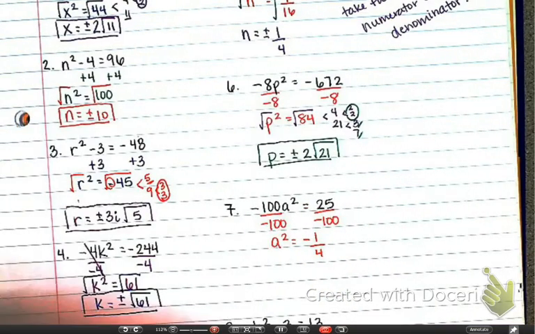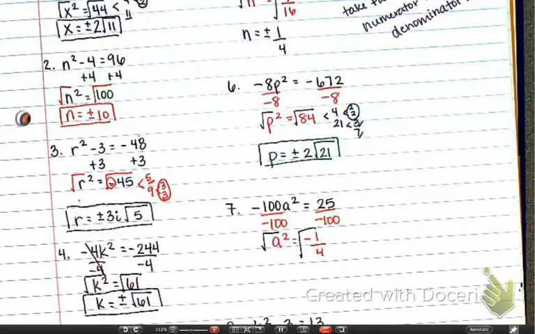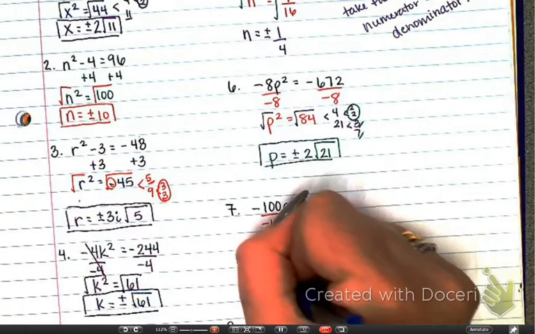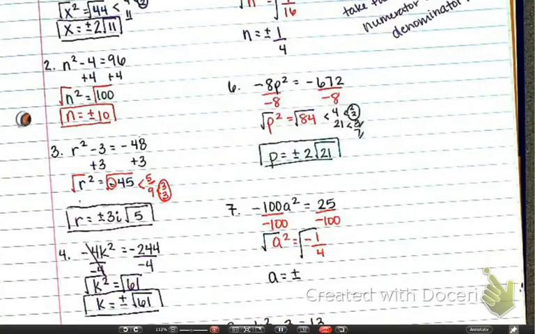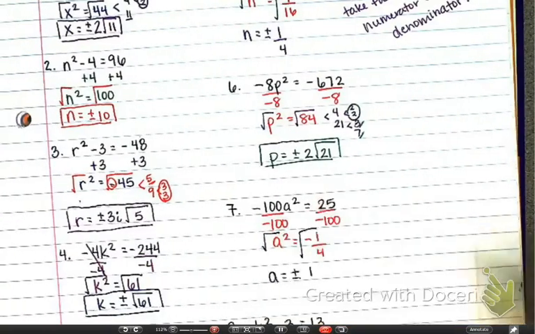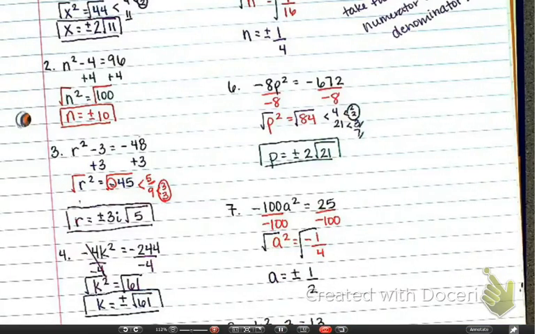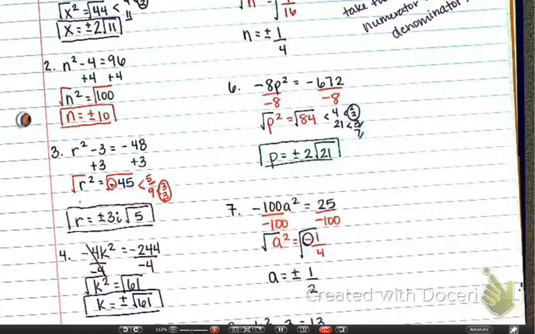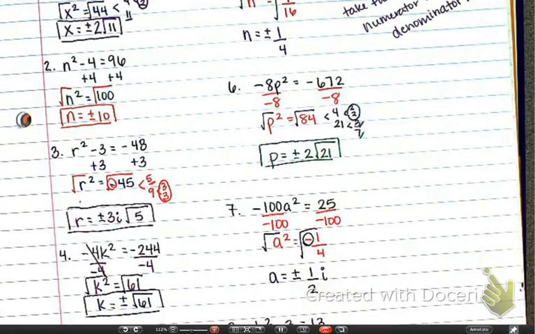Okay. Take the square root of both sides. And remember, when we have a fraction, we're going to do them separately. So a equals plus or minus, what's the square root of 1? 1. What's the square root of 4? 2. Did you notice anything else? There's a negative, which makes an i.